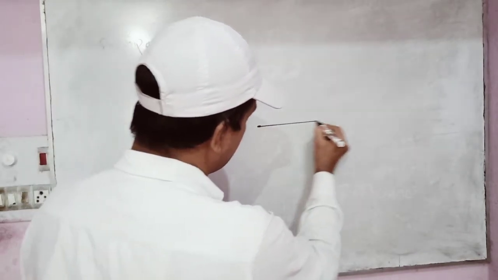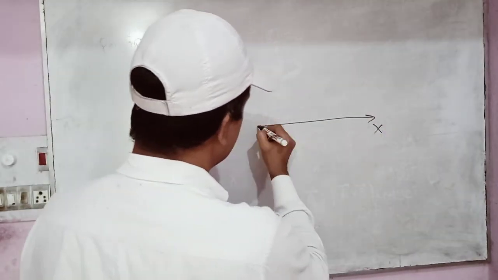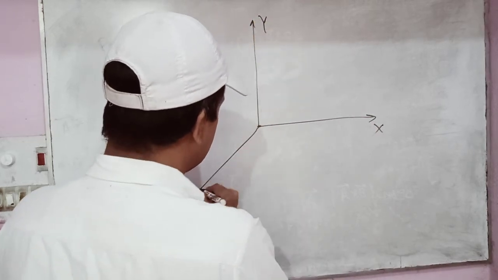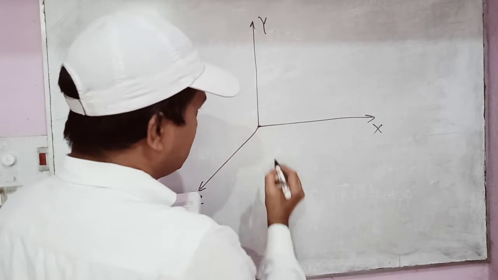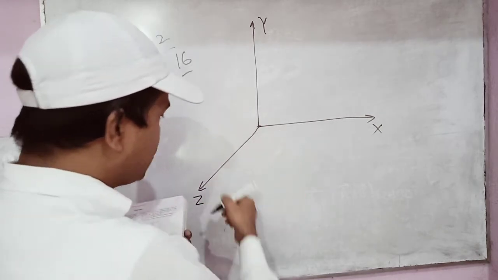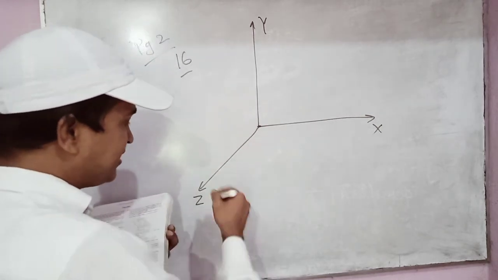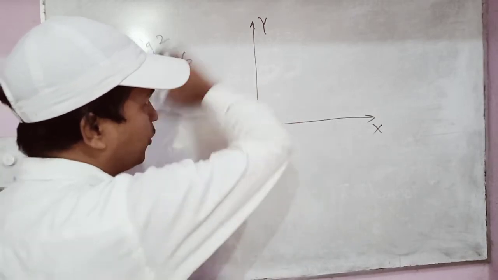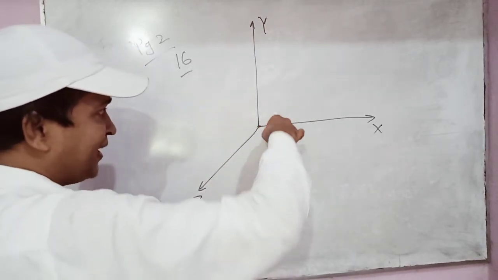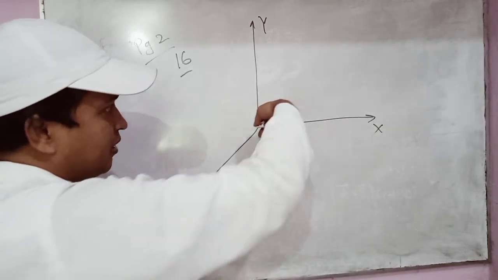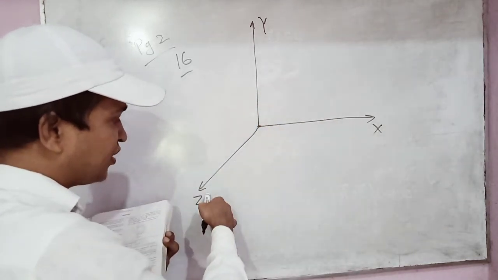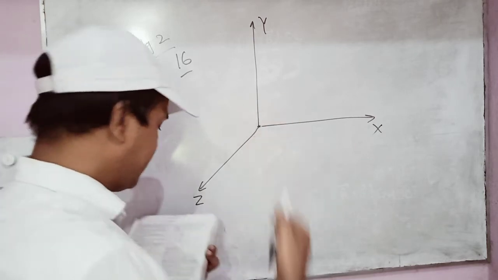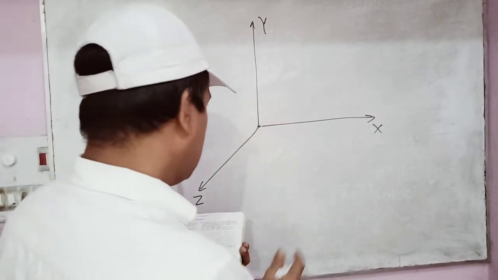Let this be the x axis, this the y axis, and this the z axis. The z axis is perpendicular to this plane. X and y are in the plane of this board, and the positive direction of the z axis is perpendicular to the board and moving out of it.